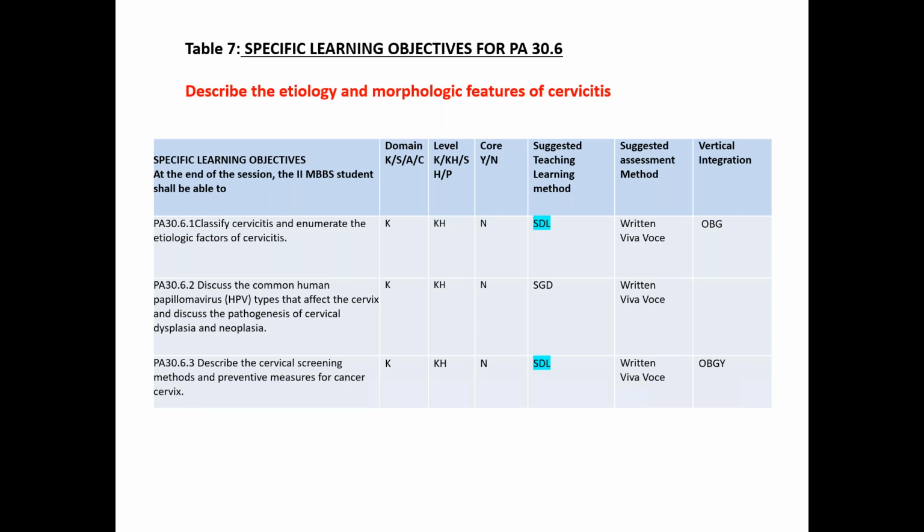To some extent, this is already covered when we do carcinoma cervix, but because it's a cervicitis competency, it has come here again. Describe the cervical screening methods and preventive measures for cancer cervix. Again, we can take that as self-directed learning or even a small group discussion. This can be considered for vertical integration with OBGY.